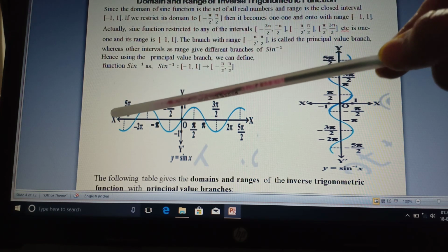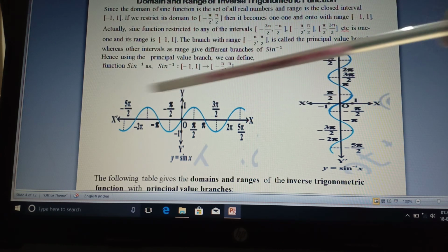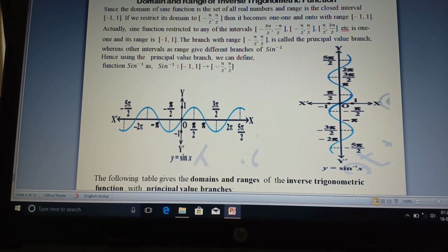Actually this is the domain of the sine function, and the domain of the sine function is the real numbers, which are divided into many different intervals. All these different intervals are known as the different branches of sine inverse x.